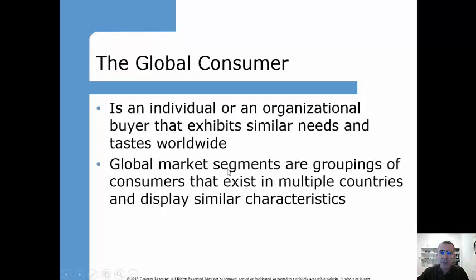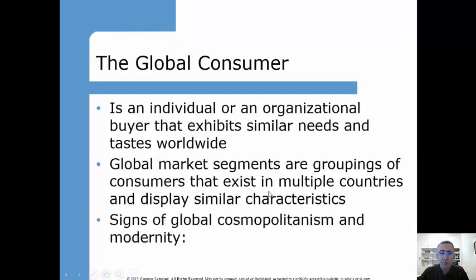Global market segments are groupings of consumers that exist in multiple countries and display similar characteristics. So what we have here again is people all over the world that behave in a similar way because they have similar needs. If you think about Hollywood and the movies that come out of Hollywood, there's global demand in terms of sales, and it shows that some of these countries are interested in the same movie, again showing that similar characteristics are displayed.